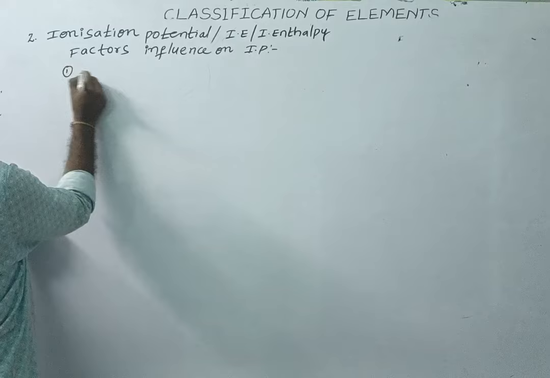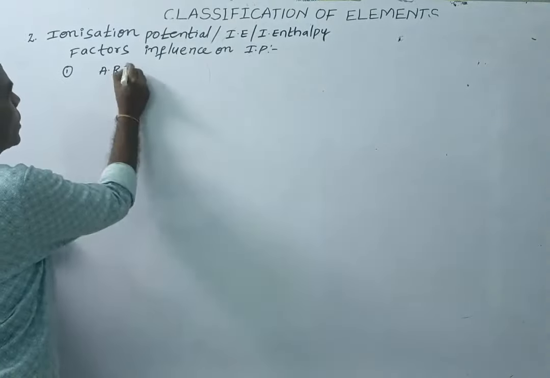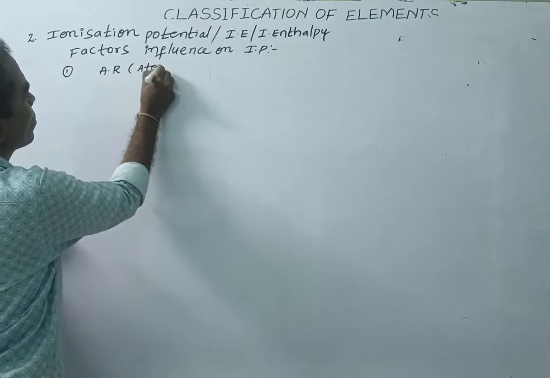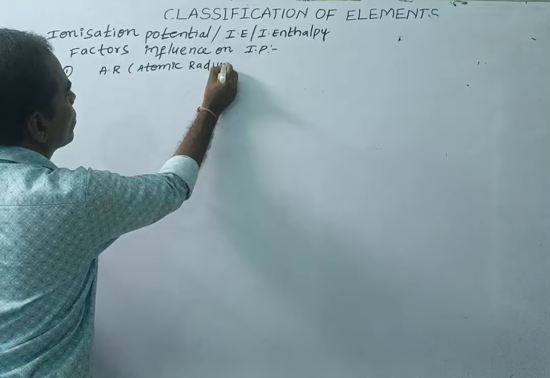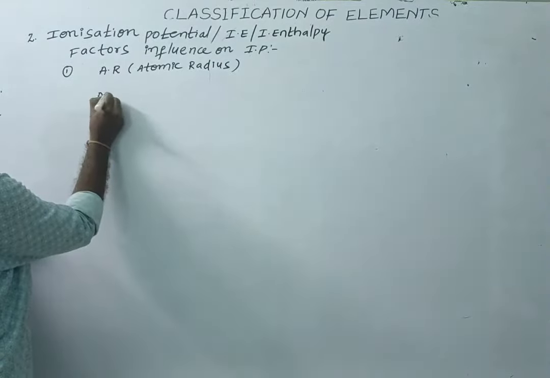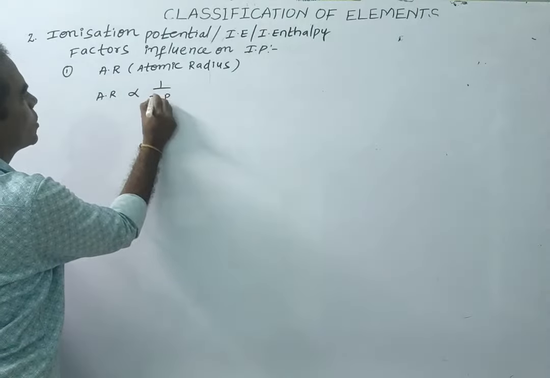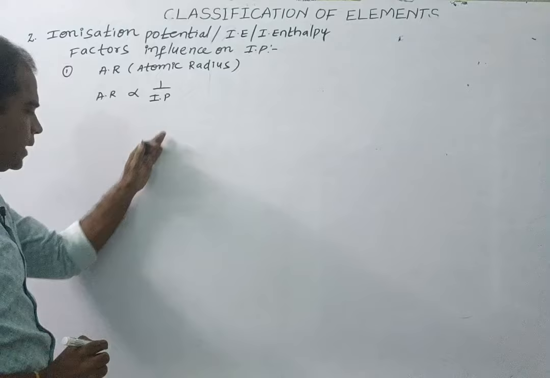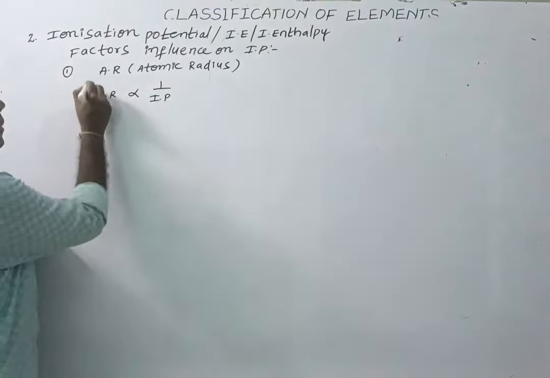The first one is atomic radius or atomic size. See, atomic radius is inversely proportional to ionization potential. Right? As increasing atomic radius, ionization potential decreases. Right?